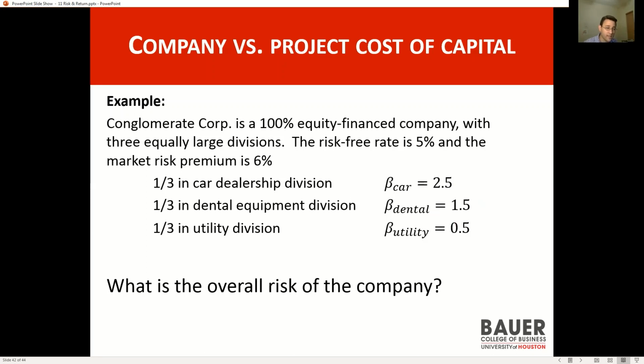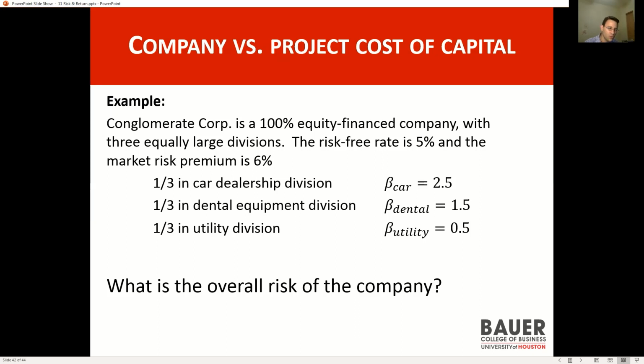So if you use that, that works fine for the dental business, but you don't want to use a beta of 1.5 to discount the car projects or to discount the utility business, because then you're leaving money on the table. Right? If you use a beta of 1.5 to discount the car business, then you're going to be taking on bad projects.